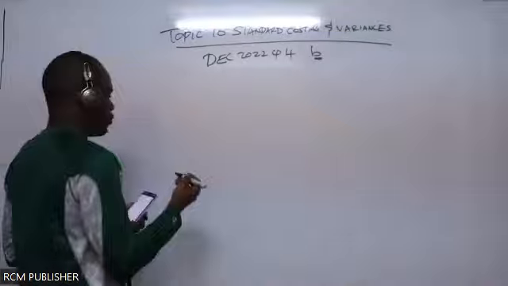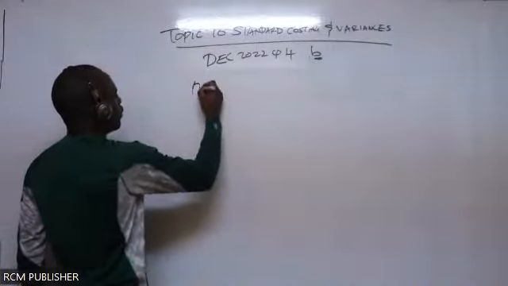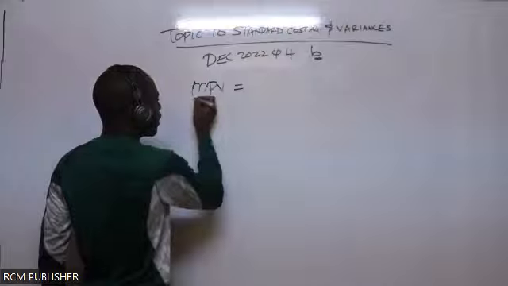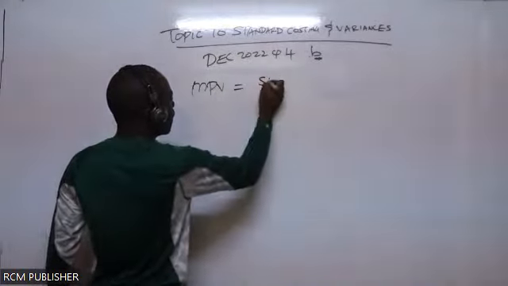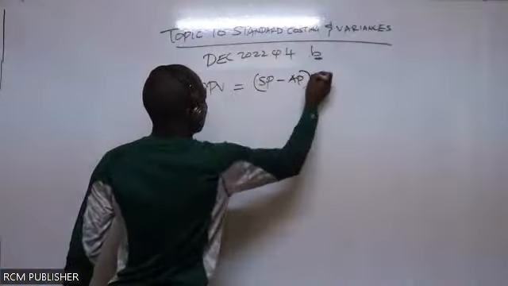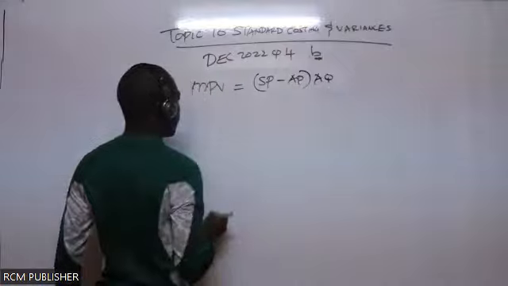So let's now come to this part. Material price variance is equivalent to standard price minus actual price, then everything we multiply by actual quantity.